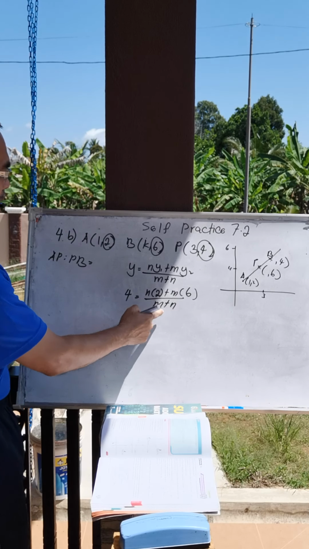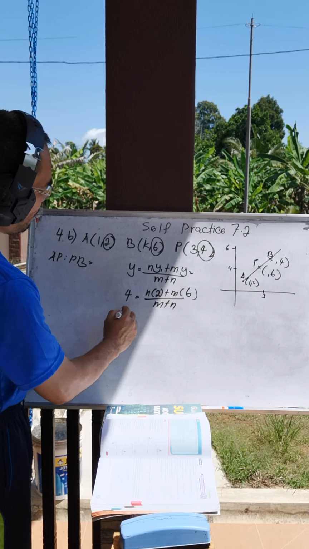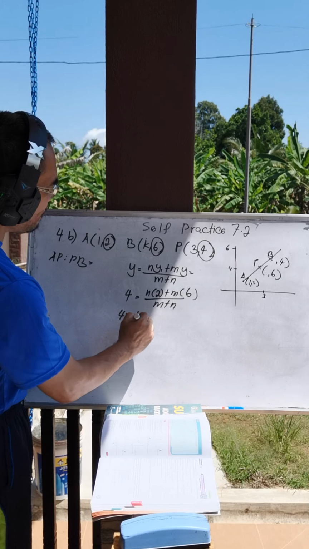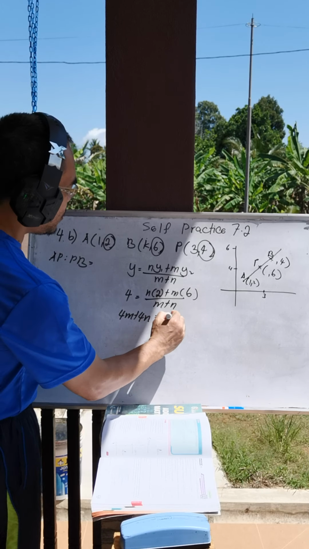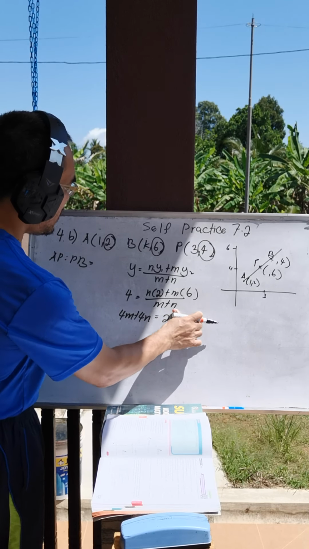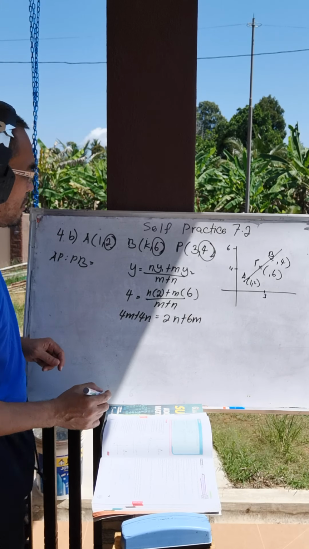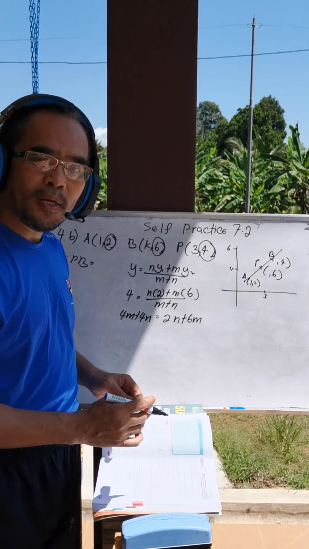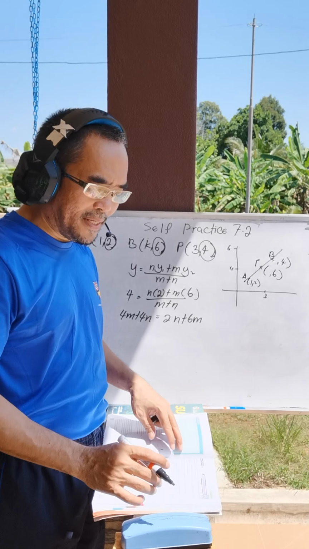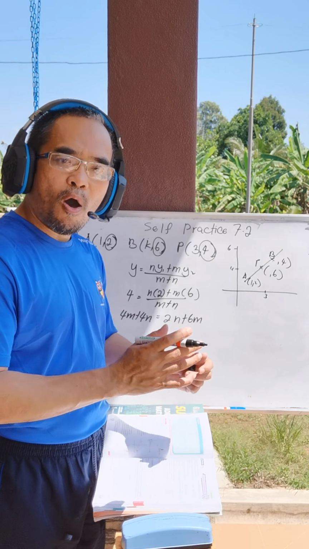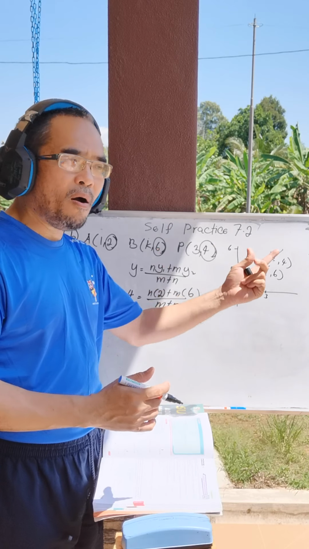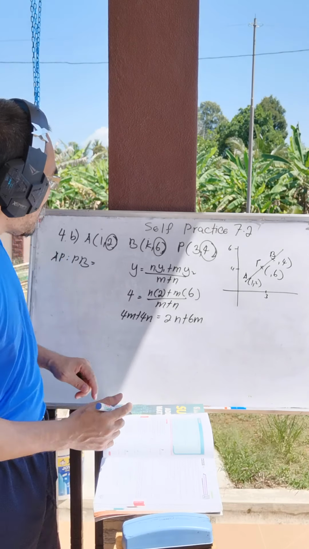Cross multiply, we have 4M plus 4N equals 2N plus 6M. For ease of understanding, you bring all the M to the left and all the other values to the right side.